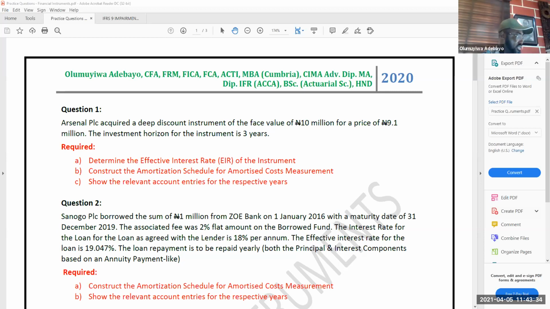I think a discount instrument should be an instrument that was issued below the par value, below the face value. That's 100% right. When I now say deep discount, what does that mean?